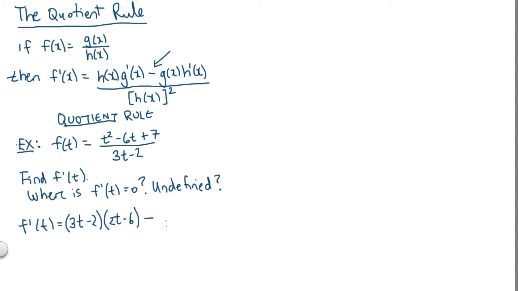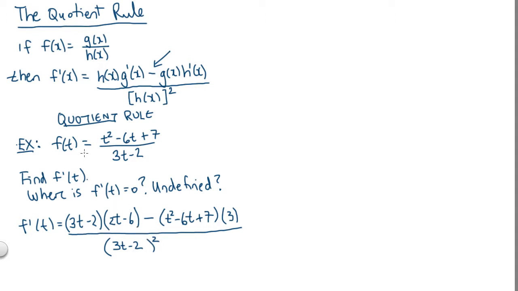And then we're going to subtract off our numerator, t squared minus 6t plus 7, multiplied by the derivative of our denominator, so times 3. And this entire quantity here has to get divided by the square of our original denominator, so divided by 3t minus 2, all squared.